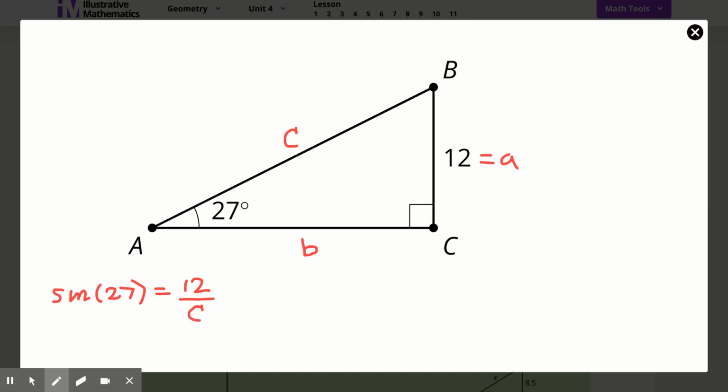This is what we've been working on in class, finding the numerator and finding the denominator based upon the ratio. So if I'm looking for C, we derived that that equation will end up being 12 divided by sine of 27.